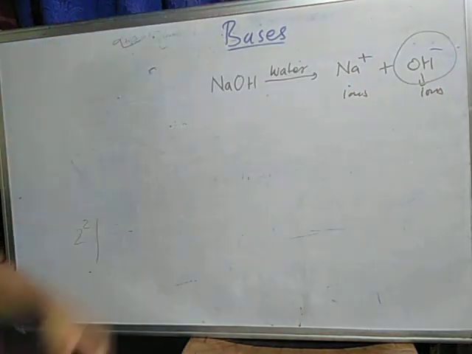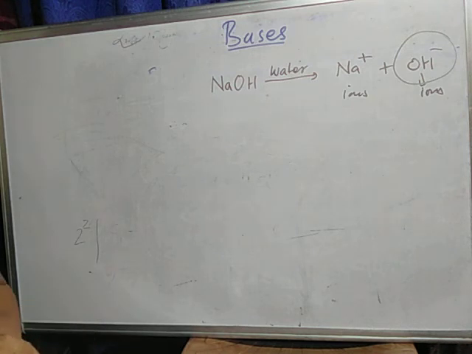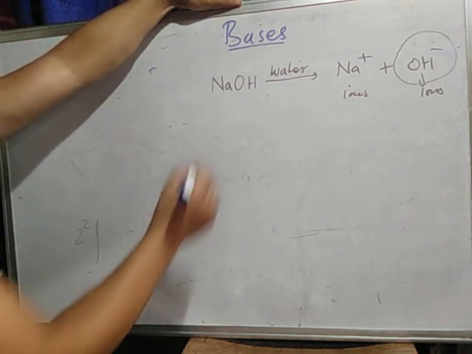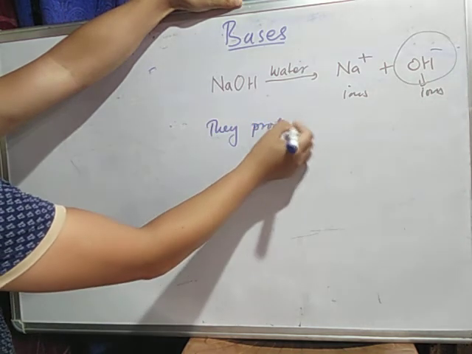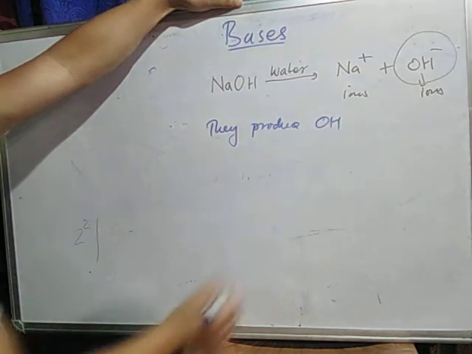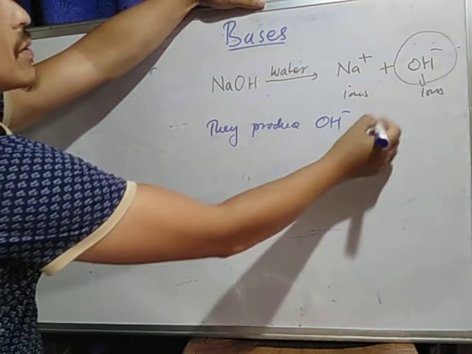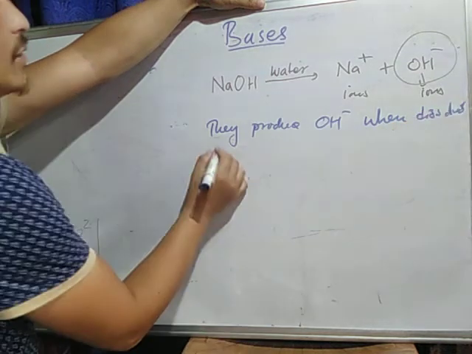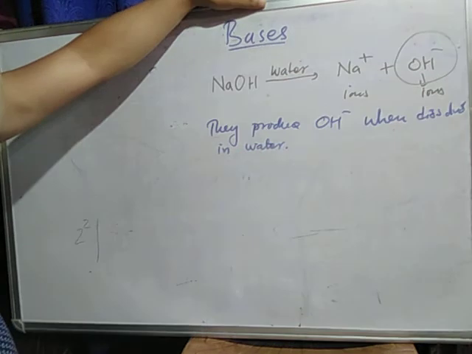So write down a common property of all bases. The common property of all bases is that they produce hydroxide ions when dissolved in water, clear.